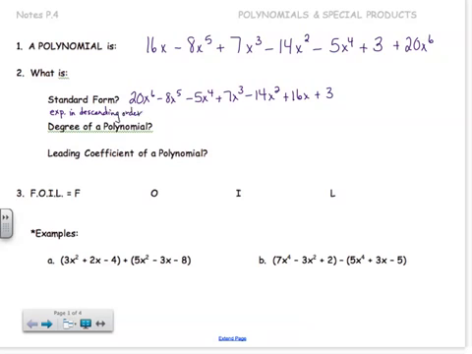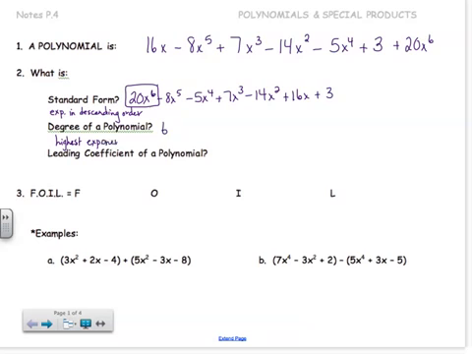Now the degree of the polynomial and the leading coefficient of the polynomial come from that first term. So my 20x to the sixth is where I get that answer. The degree of the polynomial is really just your highest exponent. In this case, my degree would be 6.